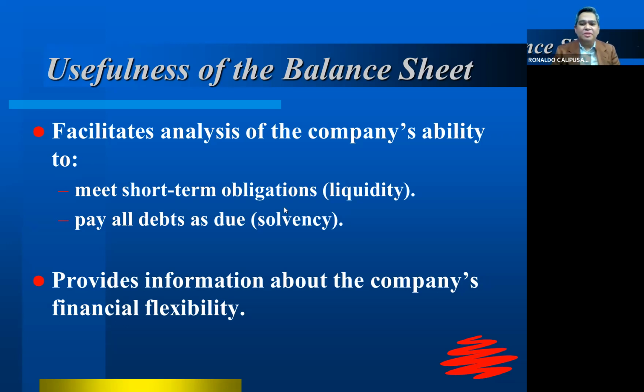In your future courses, you will see the matching of, for example, the tenors of obligations. So for example, you normally match short-term uses with short-term loans, and then long-term loans with long-term assets. For example, Jonalyn, you're going to construct a warehouse.